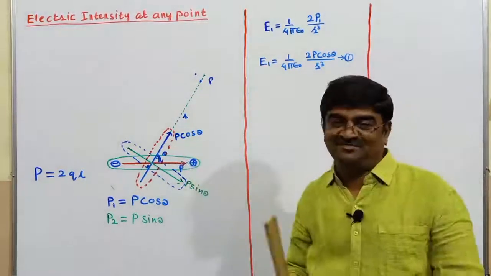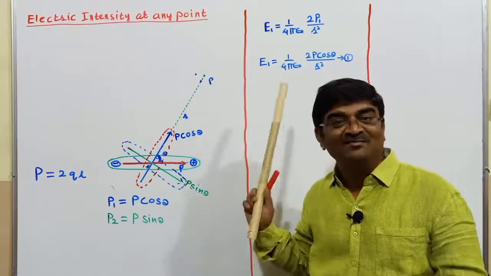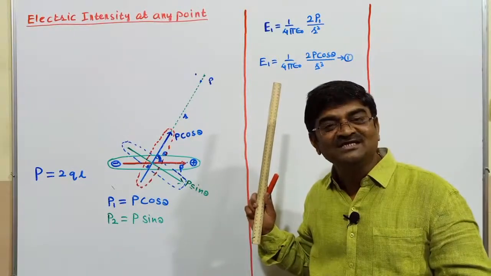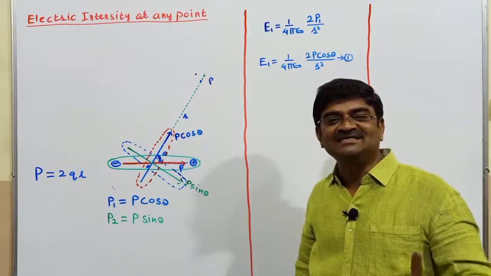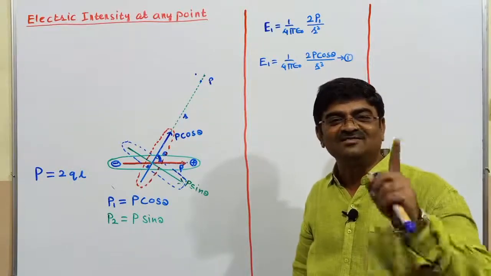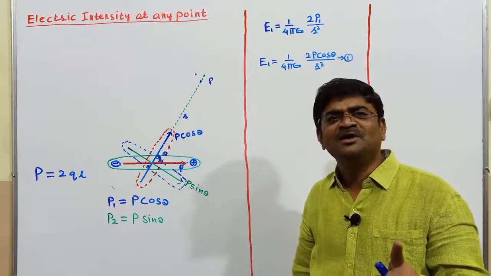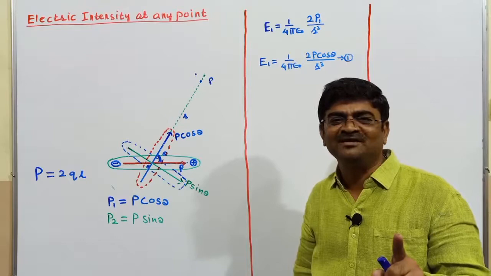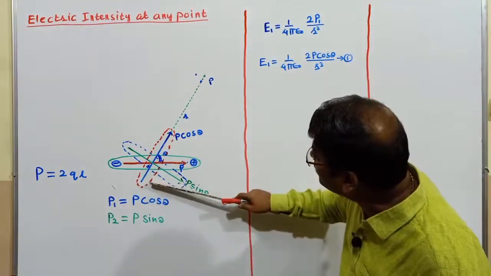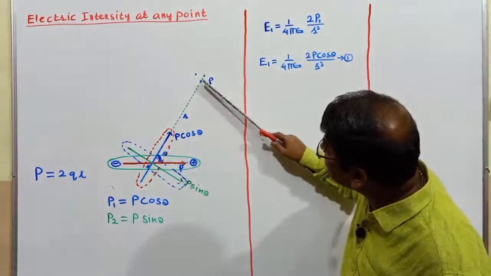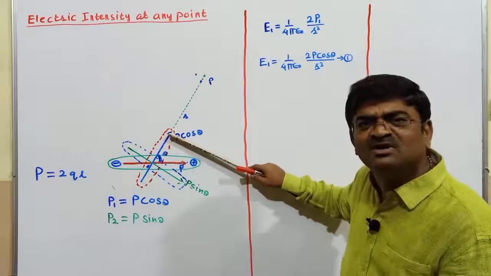So, before that, let me get this represented in direction also. I could write magnitude. How about direction on the axial line? Direction of electric intensity on the axial line of the dipole is the same as that of the dipole moment. So even the direction of E1 is going to be the same as that of P1.